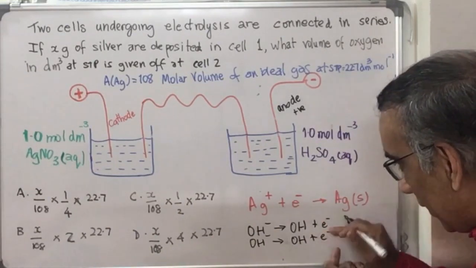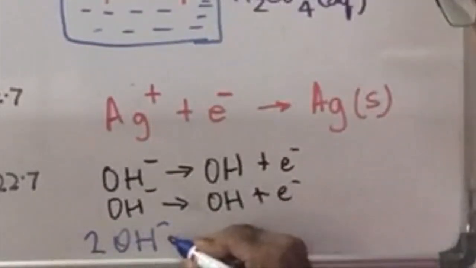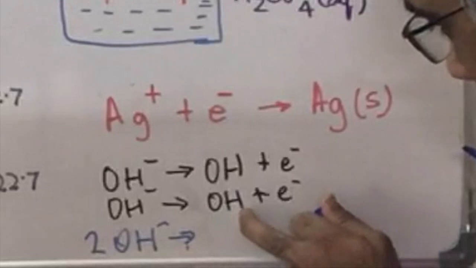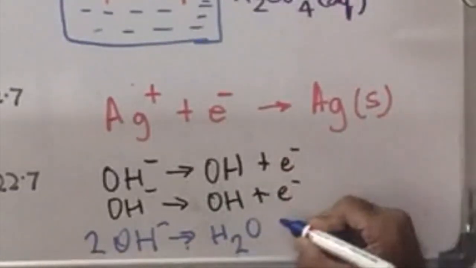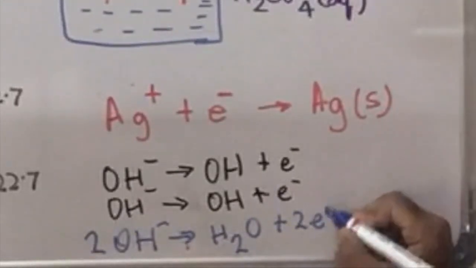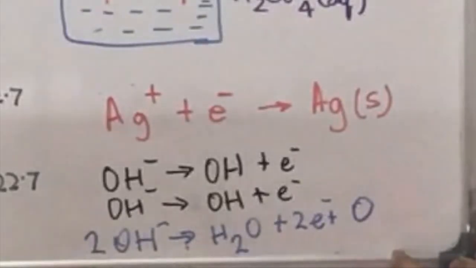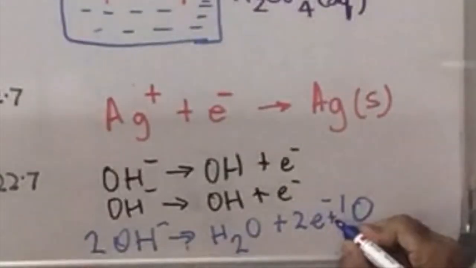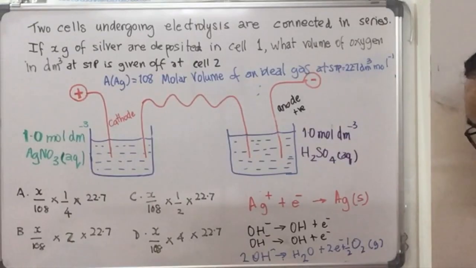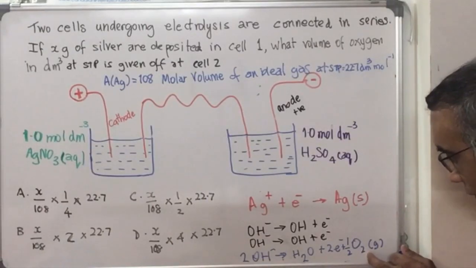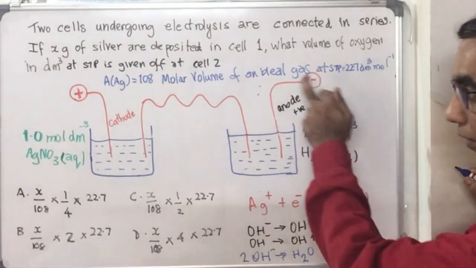Then you combine these two and you get 2 OH negative going to H2O plus 2 electrons, and then you're ending up with an O by itself, which can't exist, so you're going to have to write half O2, and everything's balanced. So this half O2 gas that's produced here releases 2 electrons.